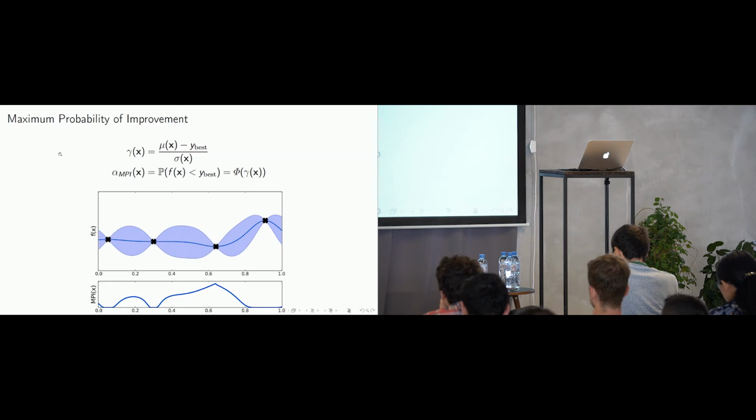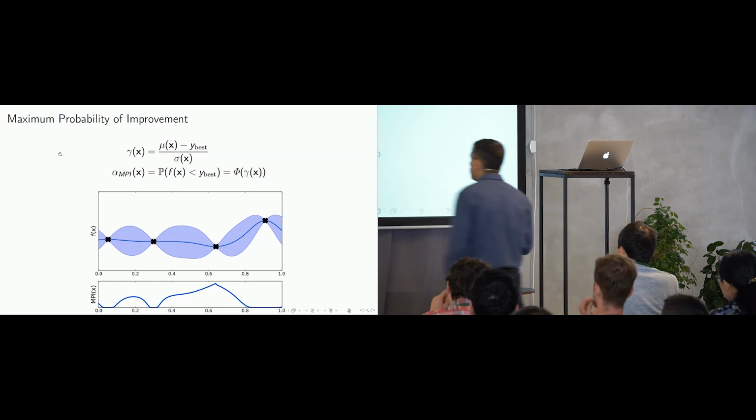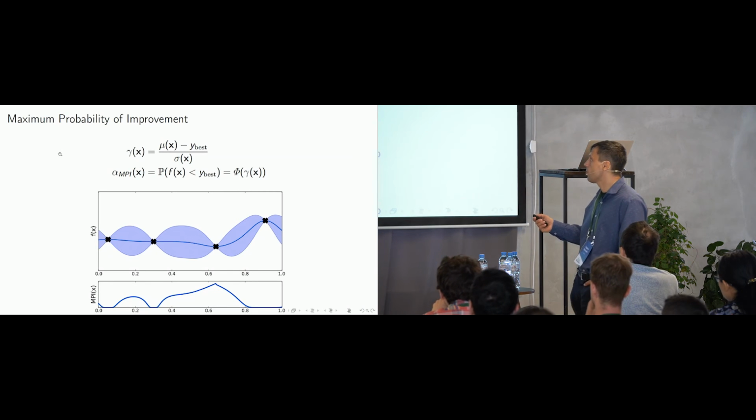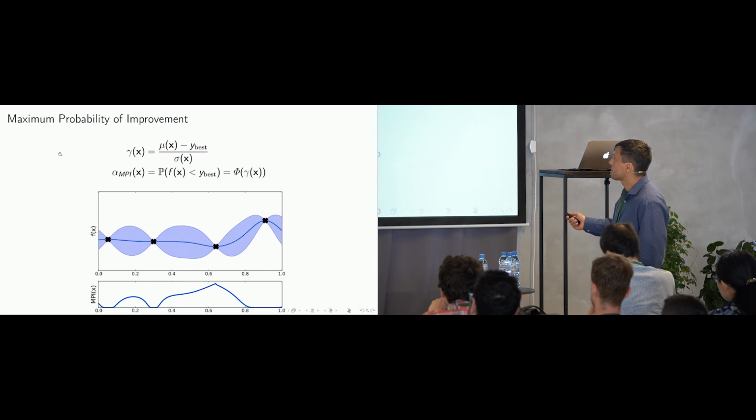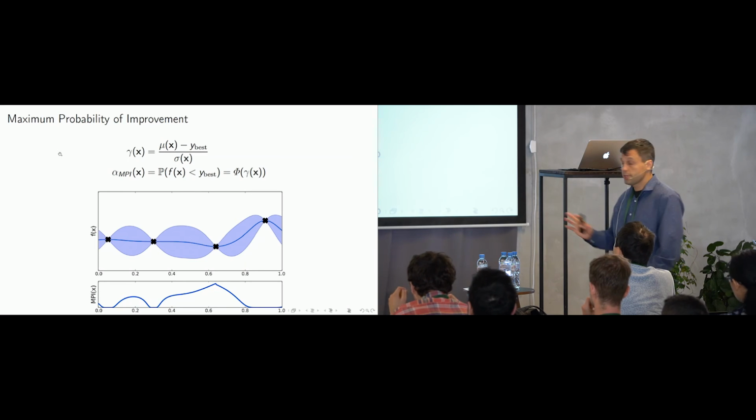But thanks to the property of the normal distribution, given the observed sample, the distribution of f of x is Gaussian with the posterior mean equal to mu of x and the posterior variance equal to sigma of x. This probability can be calculated according to this formula, very simple.